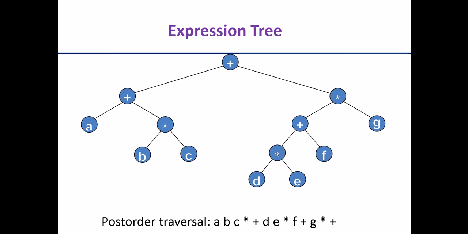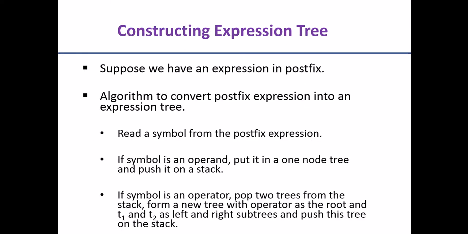Similarly, we can get the pre-order traversal, and the resultant string will be a prefix form. So it is very easy to convert from one form to another form. If we have the expression tree, we can get the different forms.